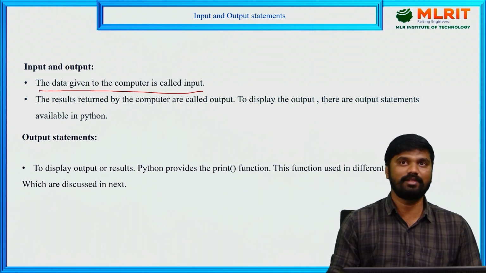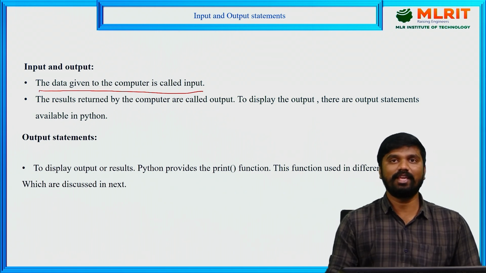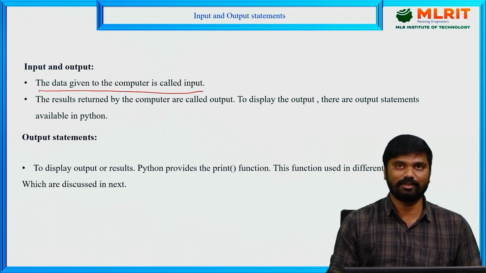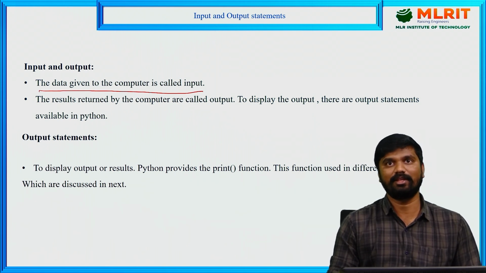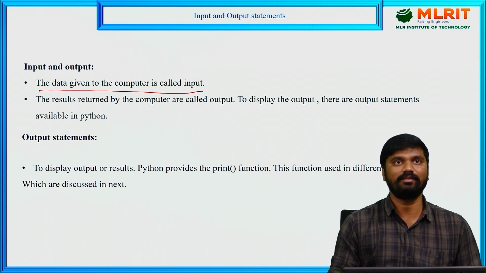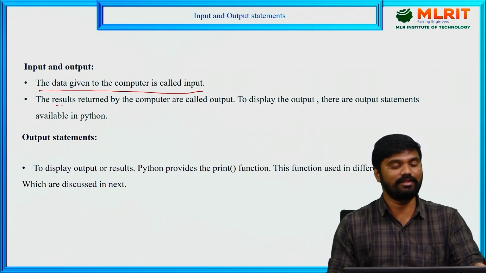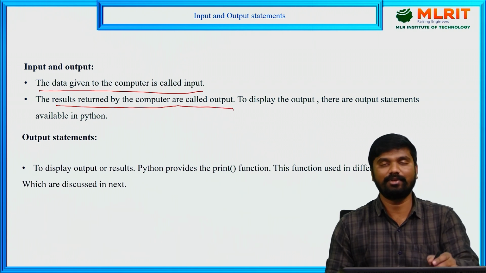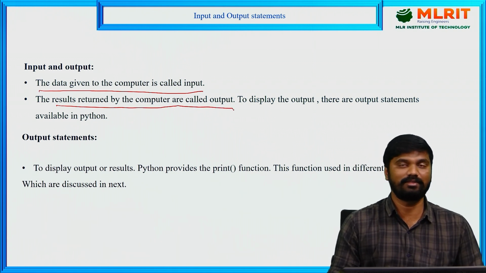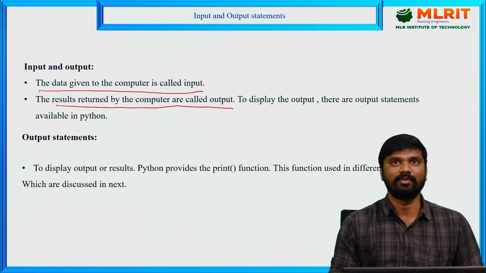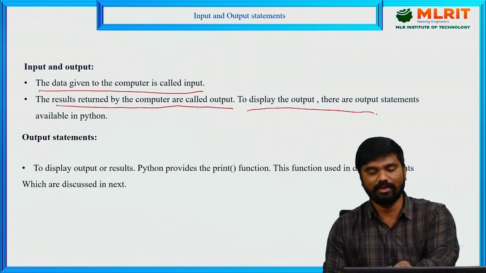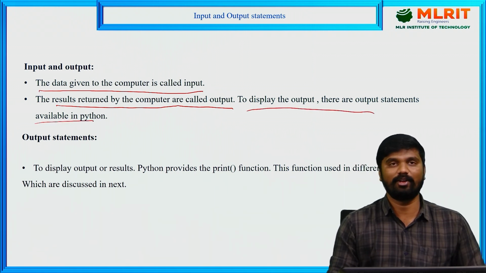Next, what is the output? Whatever input we give to the computer, that data is processed by the computer and the result is returned. Those results given by the computer are called output. So to display the output, there are output statements available in Python.